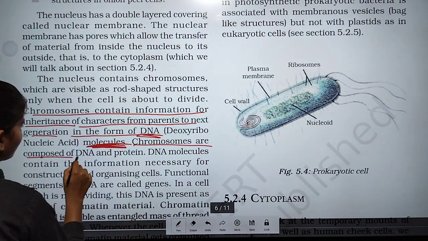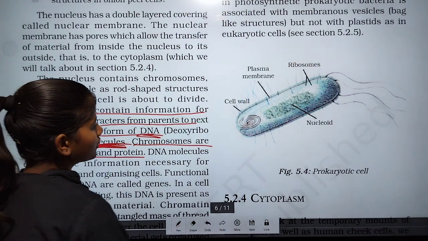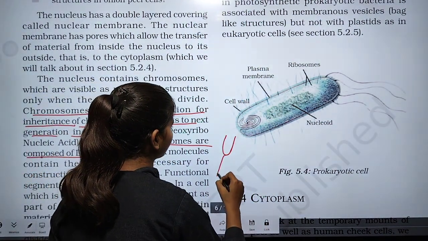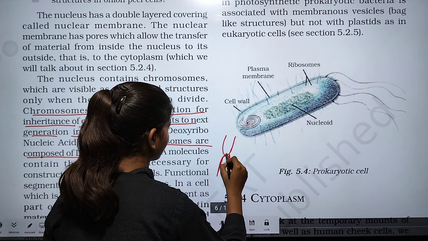Chromosomes are composed of DNA and protein.